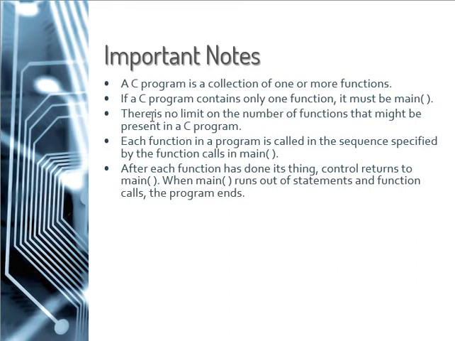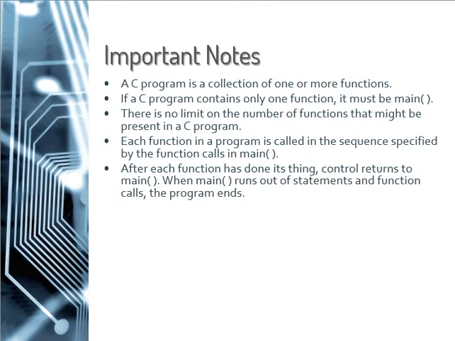So, it doesn't matter how many functions you put in your code. Each function in a program is called in a sequence specified by the function calls in main. Okay, so it depends on main, no?